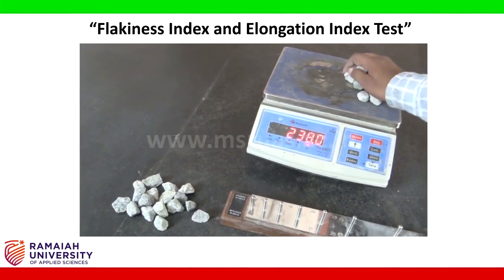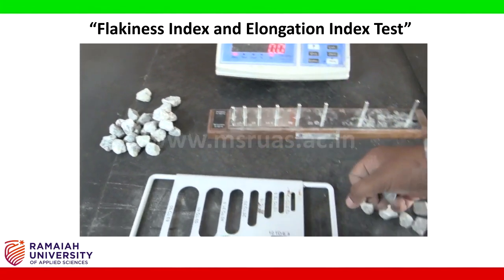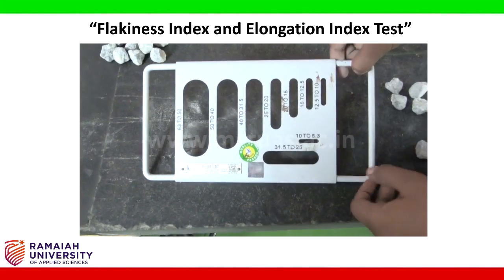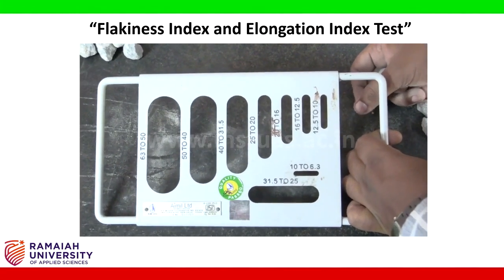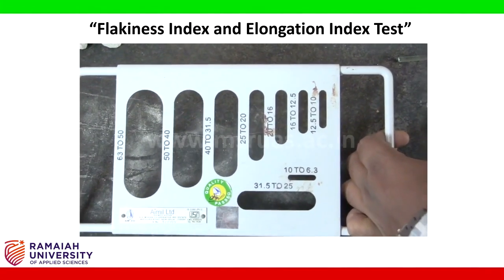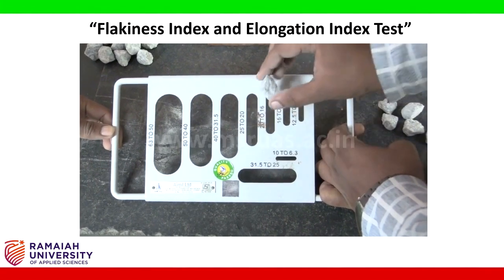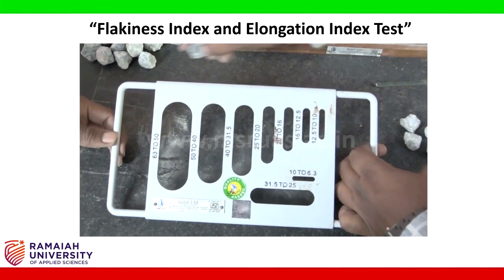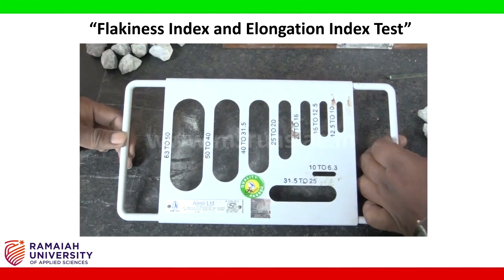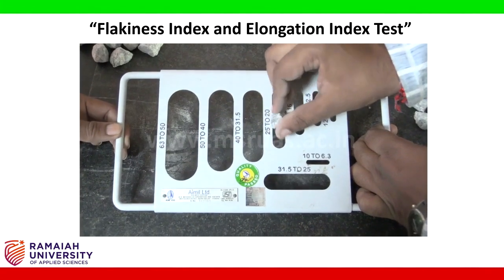I take one aggregate at a time. I am going to take this thickness gauge. I try to pass the aggregate through the concerned 25 to 20 mm slot on the thickness side. What happens? Some aggregates pass, some don't.